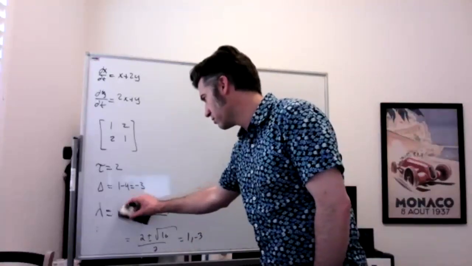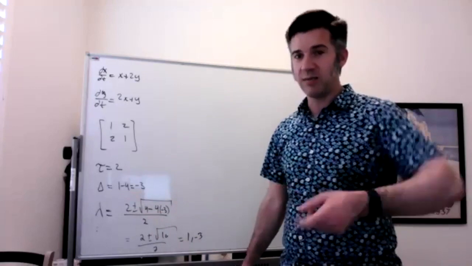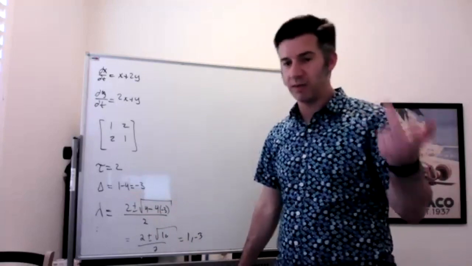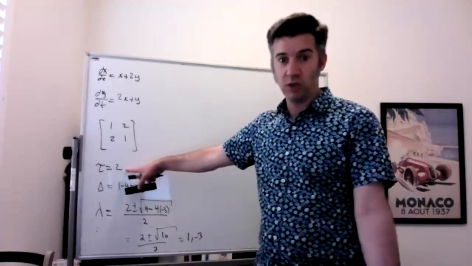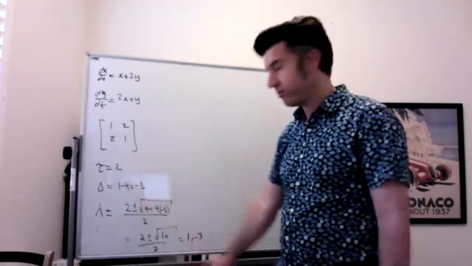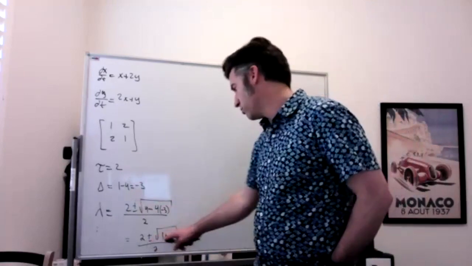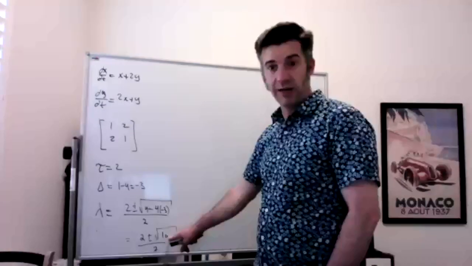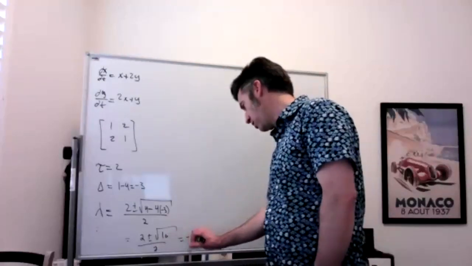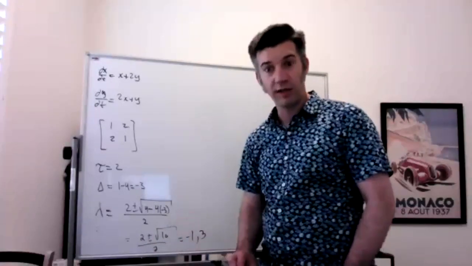There shouldn't be. The reason there was a negative there is I'm usually used to thinking of it as negative b plus or minus, but the tau is your negative b, so it should just be tau that goes there. So 2 minus 4 is negative 2, divided by 2 is negative 1, and 2 plus 4 is 6, divided by 2 is 3. Good call, thank you so much.